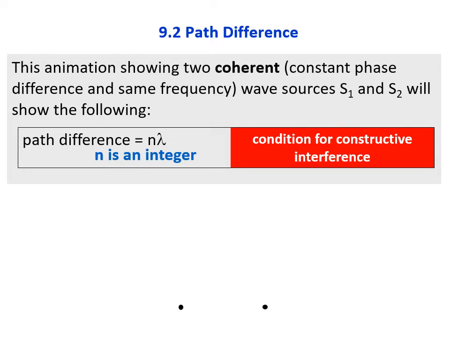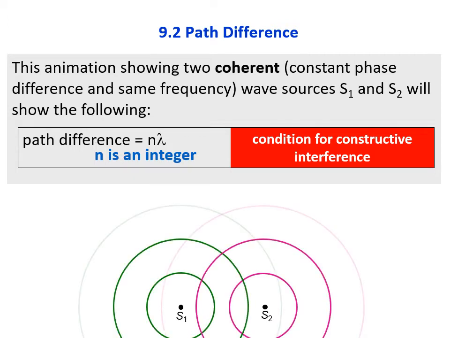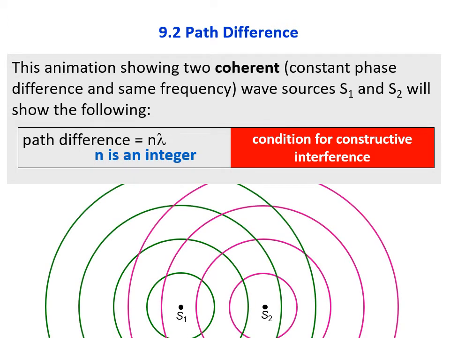So we have two sources of waves, S1, S2, and they're emitting waves, and these waves spread out. Notice that the distance between concentric circles for green and for the pink represents the wavelength. And we have this position here, P1, and the distance from S1 to P1 is labeled as shown.